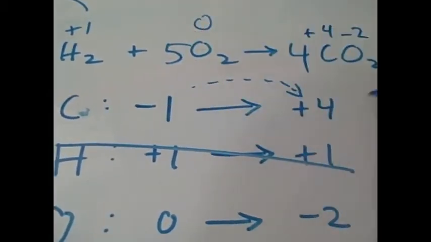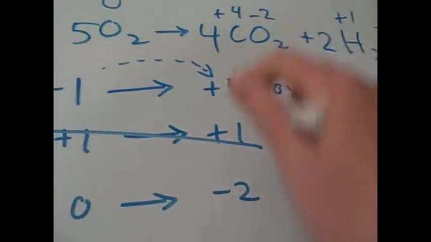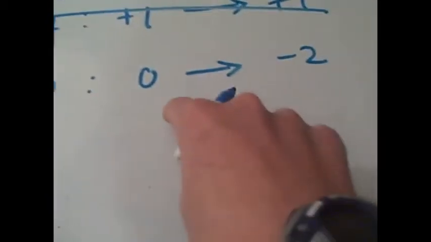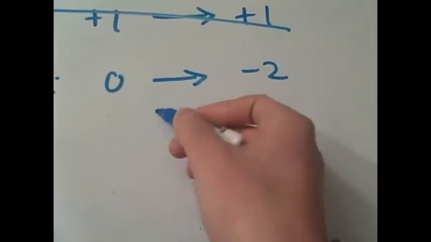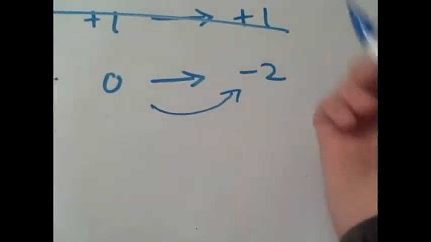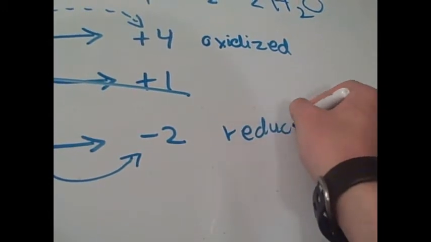So that element is being oxidized. The element being reduced is here, because it's getting more negative, which means more electrons. From OIL RIG, gaining electrons means this one is being reduced.